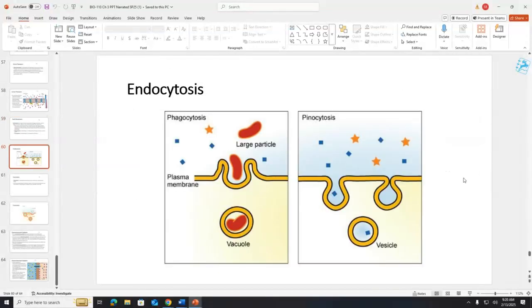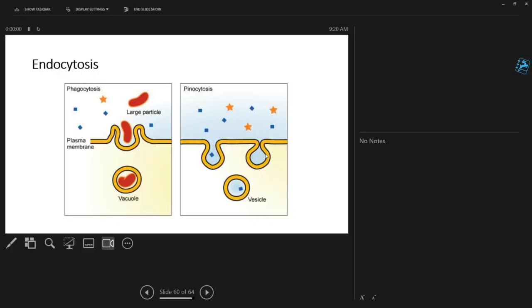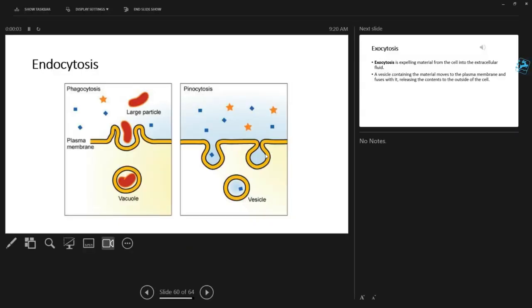So the cell changes shape so that it reaches around and surrounds and engulfs the particle and takes it in, and now it's in a vacuole or a vesicle inside the cell. If it's a solid particle, like a bacteria cell or something, that would be called phagocytosis. If it's a droplet of liquid, it's called chemocytosis.